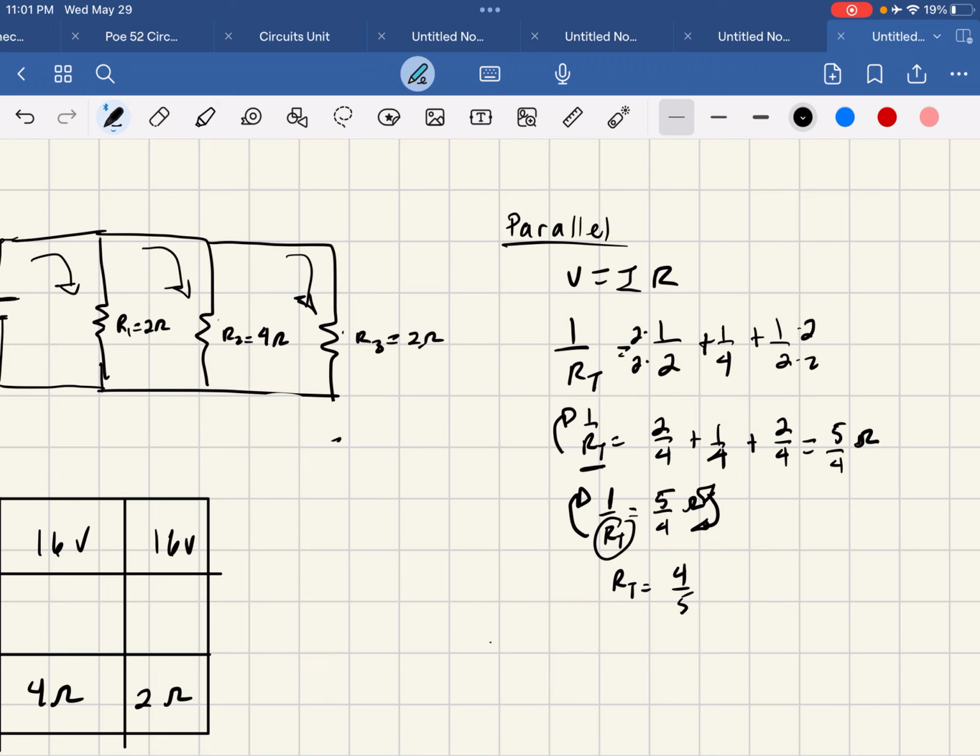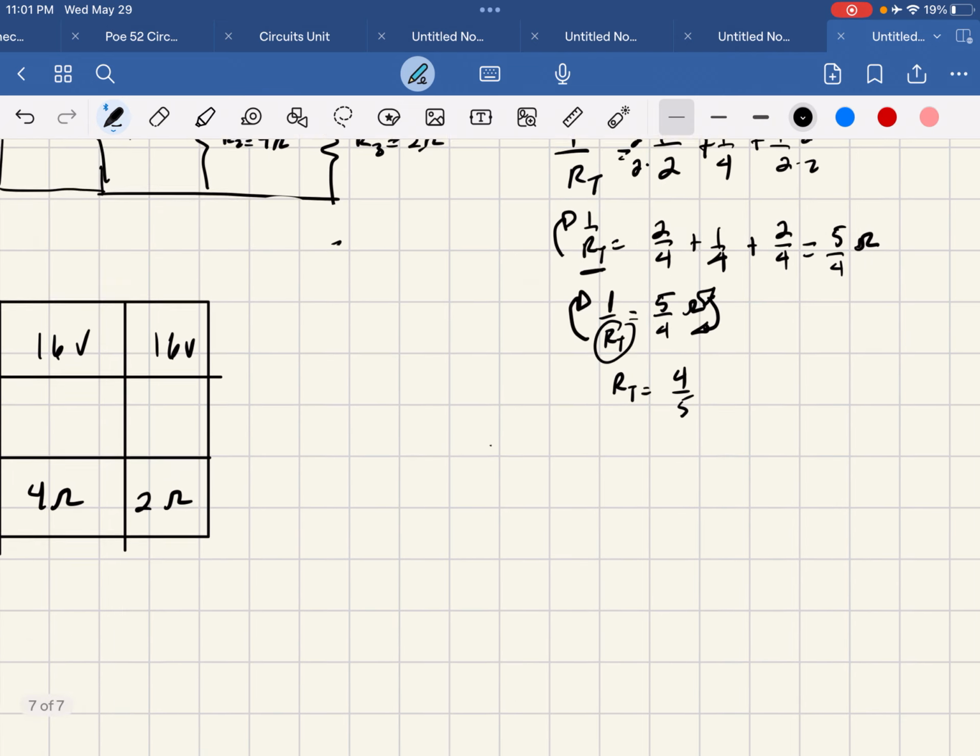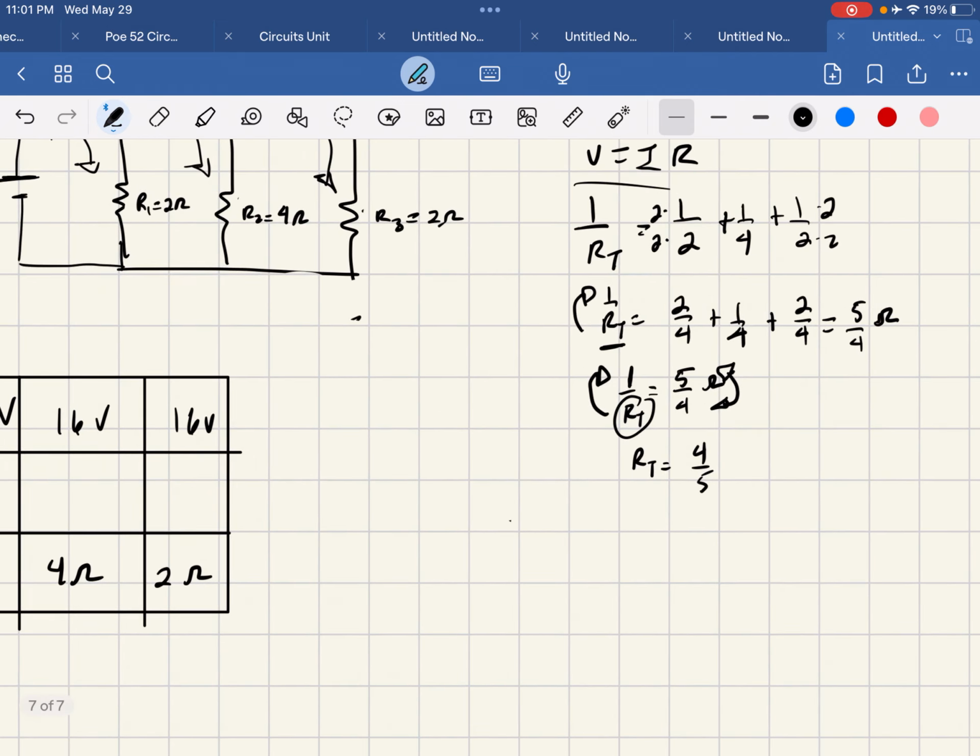So then using this formula, V equals IR, divided by the resistance, the resistance cancels out. So then we get current equals voltage over resistance.